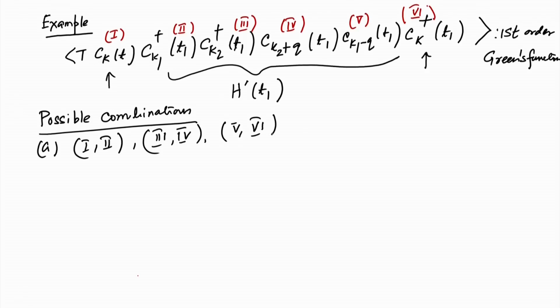That is combination number 1. So, we can take a combination of first and second term, third and fourth term, and fifth and sixth term. Also, we can take first and third term. So, the combinations are being formed by one creation and one annihilation operator. So, 1, 3, 2, 4 and 5, 6.